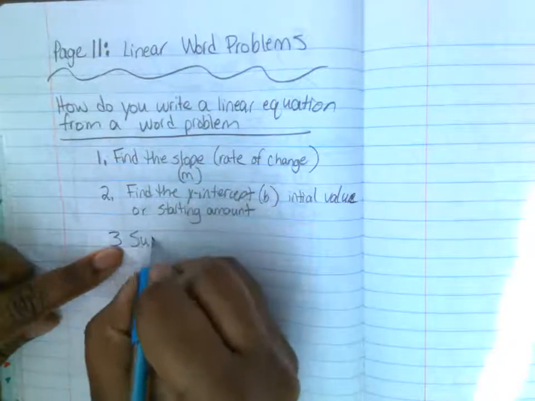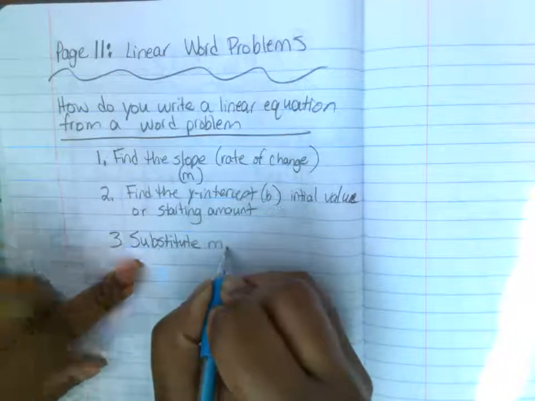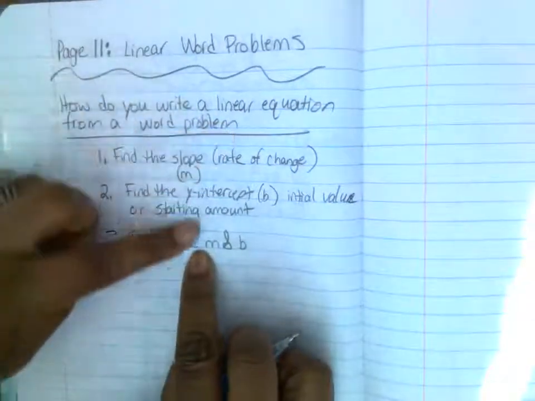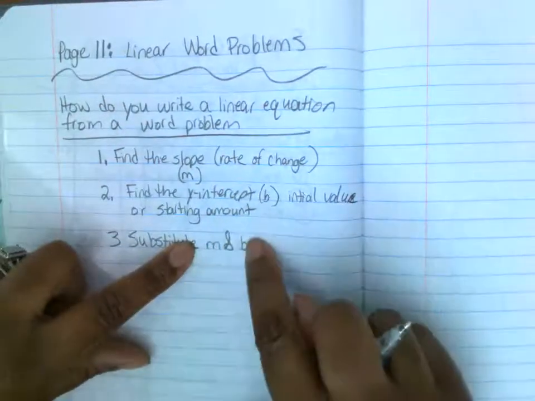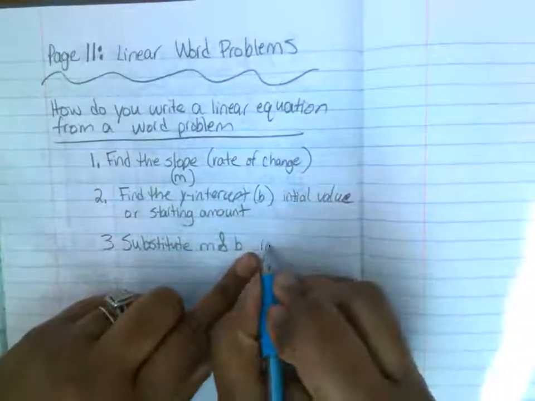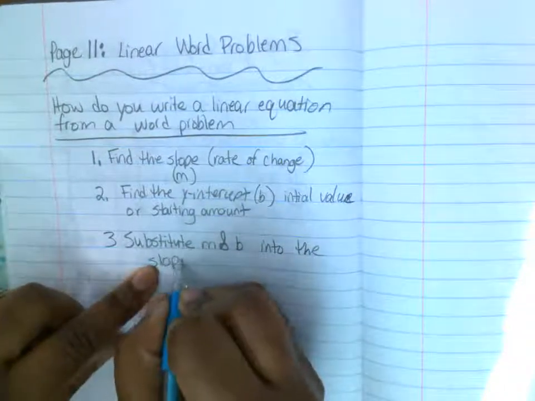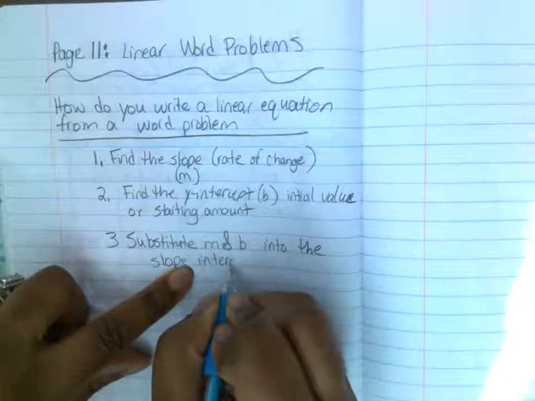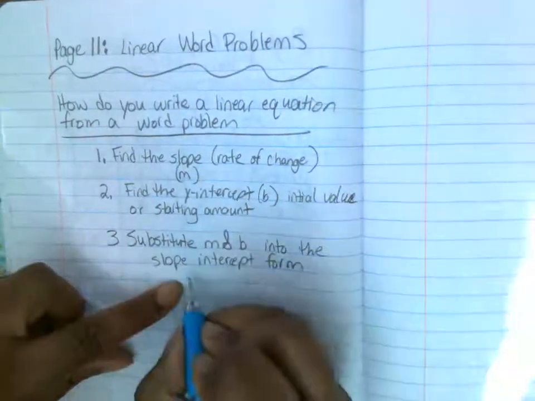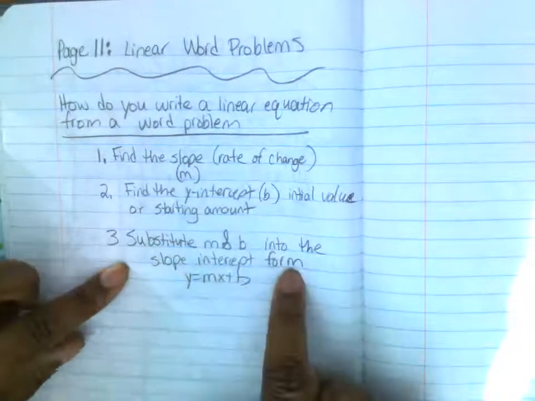So substitute m, which is my rate from the word problem, and b, my initial value from the word problem, into the slope-intercept form. And there you will have an equation. And the equation is going to be written in y equals mx plus b form, just called the slope-intercept form.